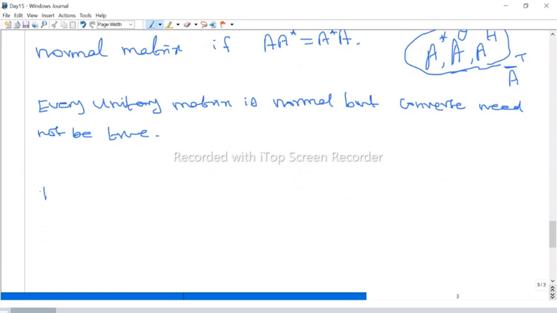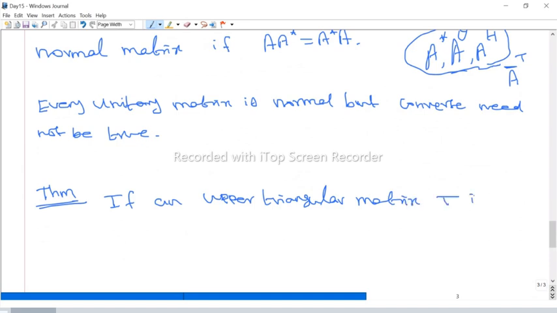Theorem: if an upper triangular matrix T is normal, then it must be a diagonalizable matrix.